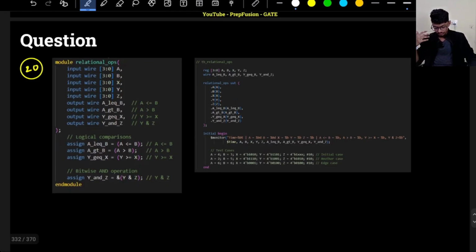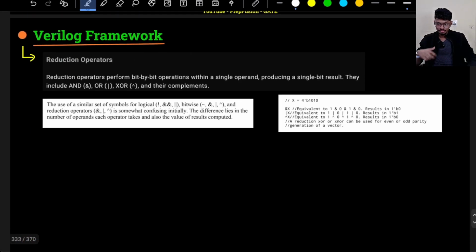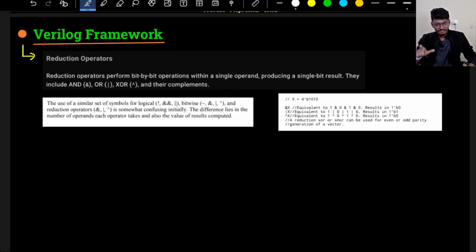Okay, so now we will discuss reduction operators. So what are reduction operators? Reduction operators perform bit by bit operations but with a single operand. So they are also a type of unary operators, because unary operators have single operands.